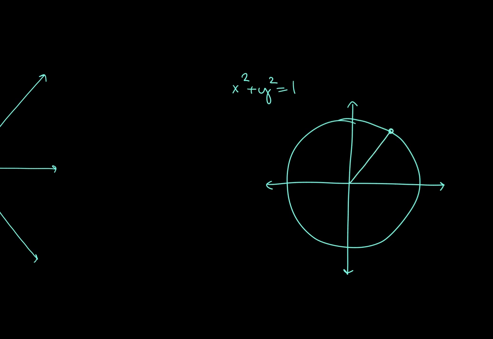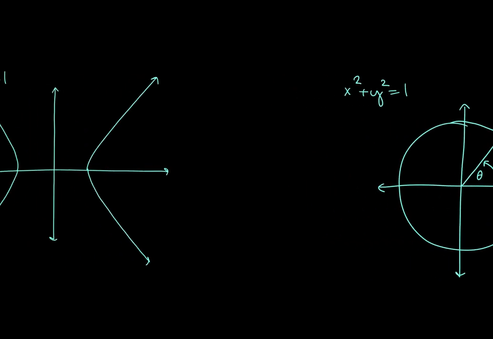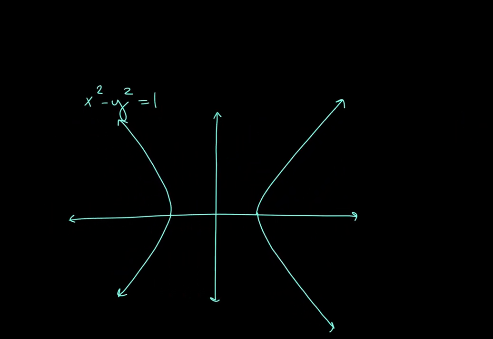If I were to go some sort of angle theta right here, then this point, x comma y, is by definition the cosine of that theta value, comma the sine of that theta value. In other words, this theta value is the parameter for creating these cosine and sine circular trigonometric functions. There is a similar sort of parameter over in this world.